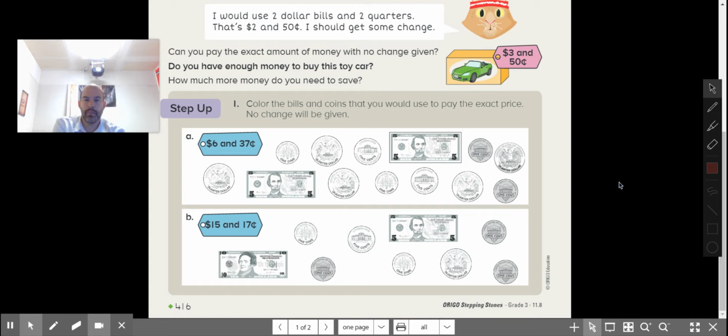So you need to color the bills and the coins that would be the same amount as the exact price. Okay. So look very carefully at what you have and then color those. And I'd be glad to check those with you if you want. I can help you during math time tomorrow. But there's 2 problems like that here.